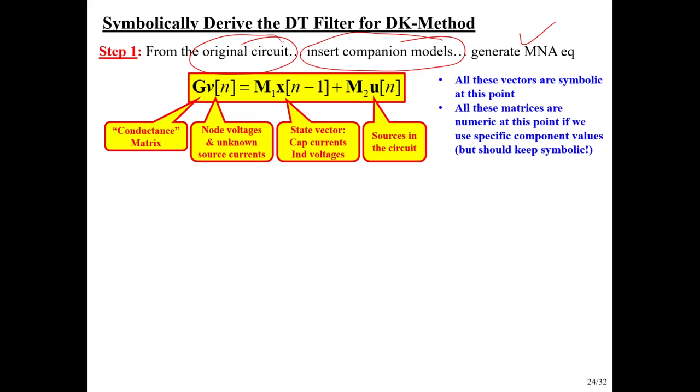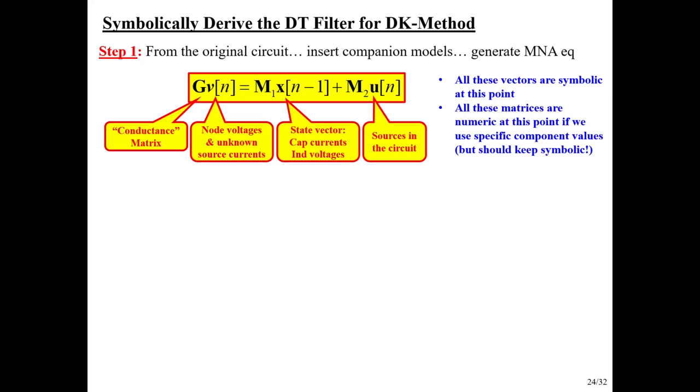We need to figure out what the G looks like, what the M1 looks like, what the M2 looks like, what's in V, and so forth. All these vectors are symbolic at this point because we don't know what they're going to be. We're trying to solve for some of them, and some of them are yet to be applied. We don't know what our source is going to do.